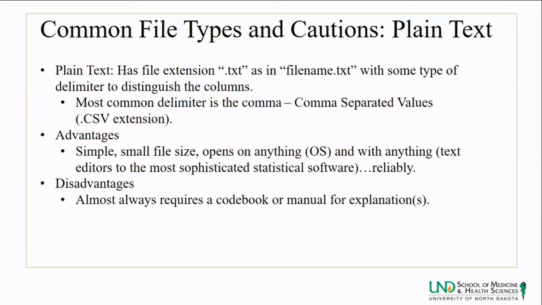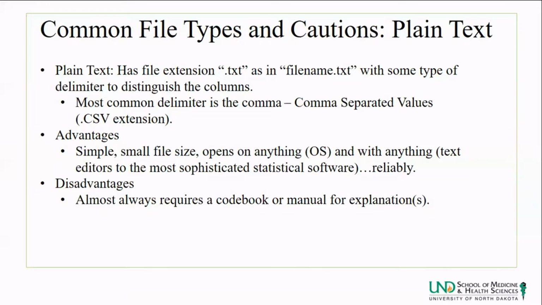So here we have the most simplistic form of raw data you're likely to come across, and that is the plain text file. Now, a plain text file has the file extension .txt, and it'll have some type of delimiter to distinguish the columns. So when you open a plain text file, you're going to have a two-dimensional array.